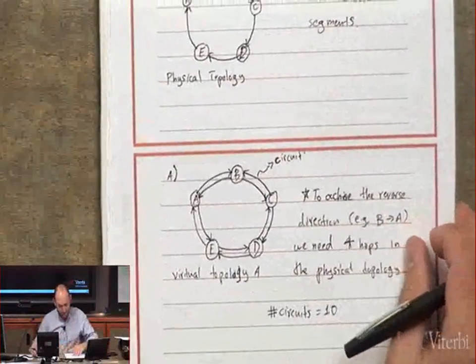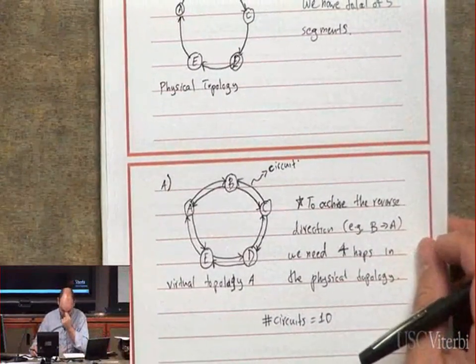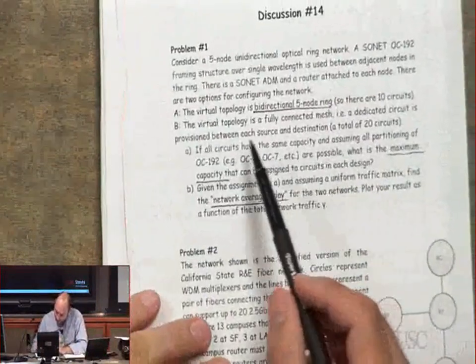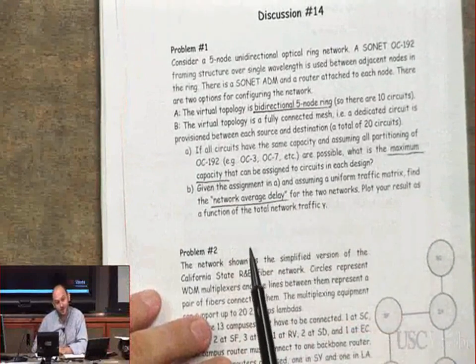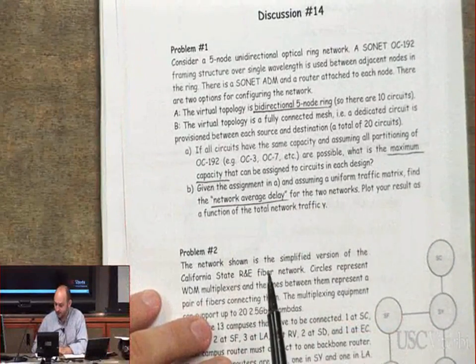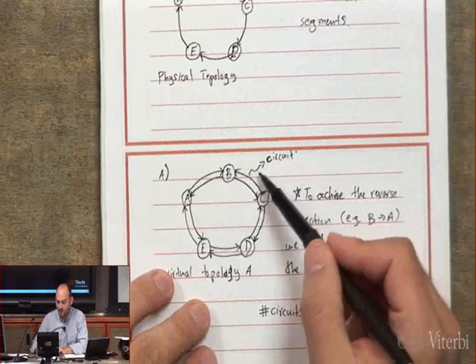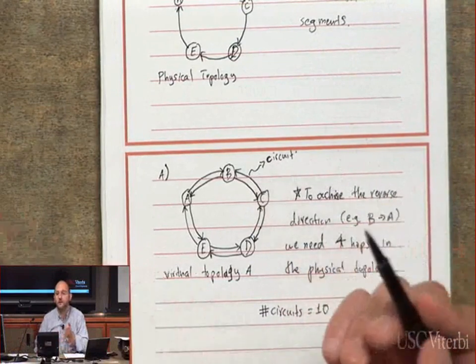Perfect. Now, what do we want from here? We want to find the maximum capacity that can be assigned to circuits in its design. In other words, we want to find how much is the bandwidth in each circuit over here. And why are we asked this question?